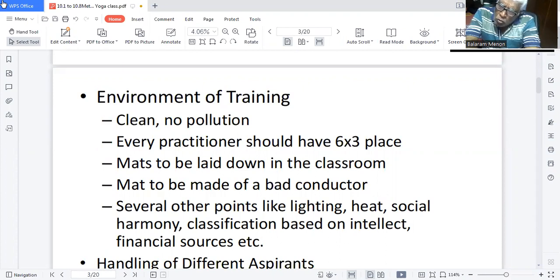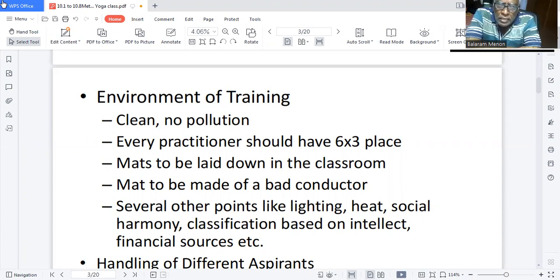Because a student who is studying for graduation or post graduation, spending even 500 to 600 rupees for the yoga mat will be a little costly. You should try to understand the economic situation of the student and see that he doesn't get financially burdened by coming to your class. So whatever is available in the house that he can bring, or at the most the Turkish towel, which will always be there in the house.